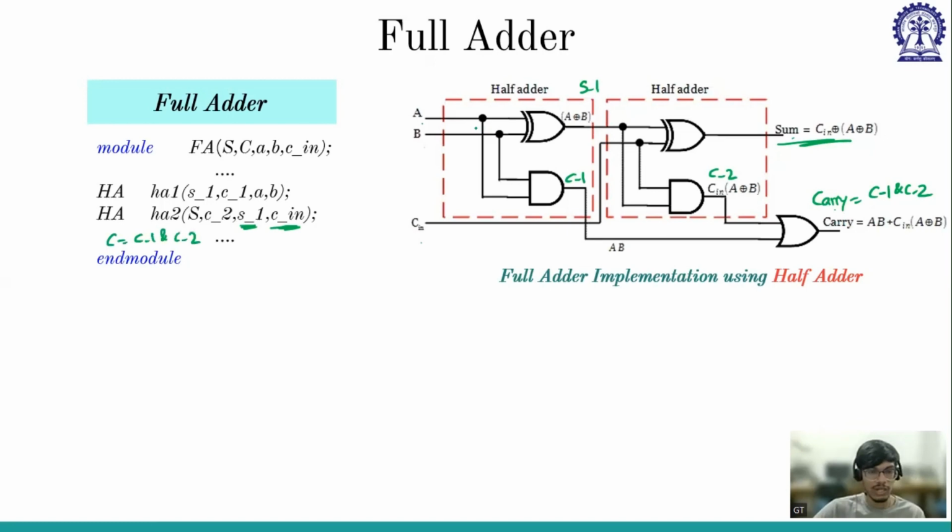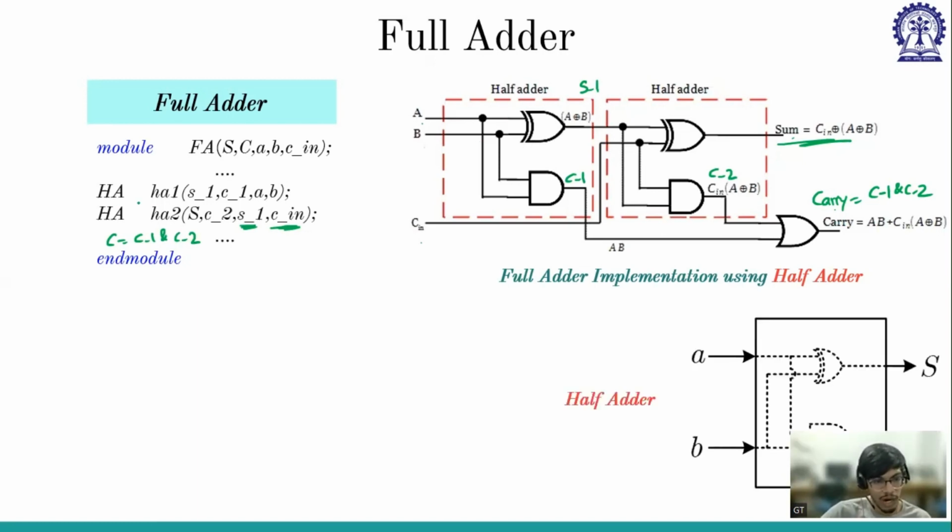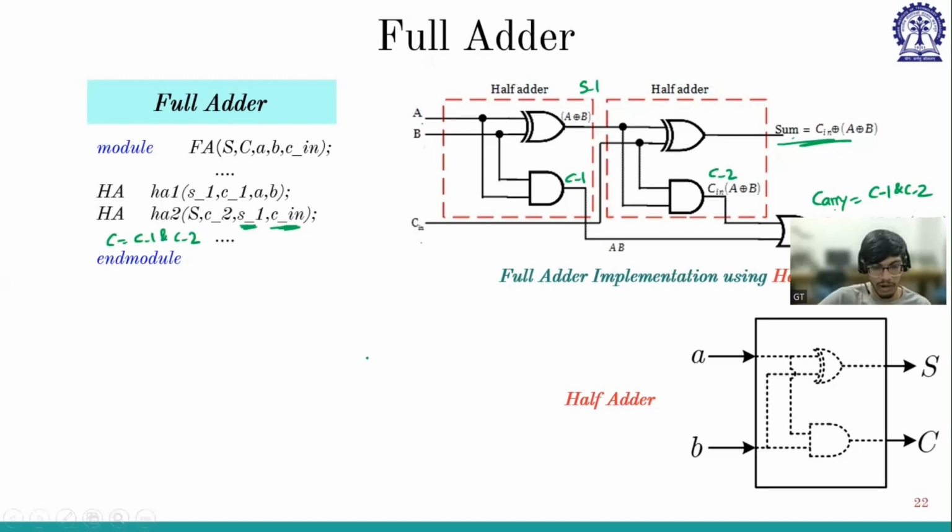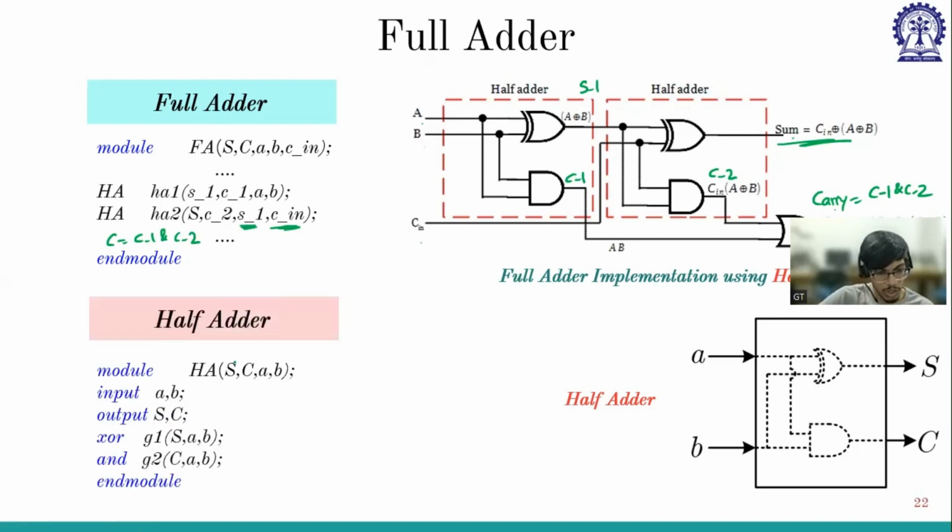So we are rearranging using 2 half adders, which is the logic everyone might know, implementing a full adder using half adders. Now I have 2 half adders, and the half adder logic is this. A half adder has 2 inputs, 2 outputs. A and B, sum is XOR and carry is AND. I'm representing an XOR gate with S as output, A and B input, and an AND gate with C as output, A and B as input. So this is the top-down approach.